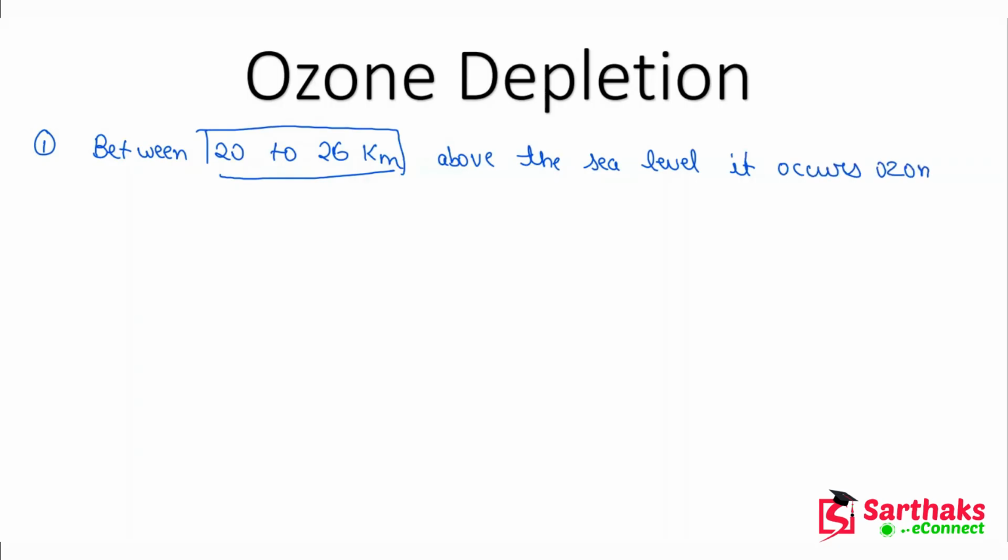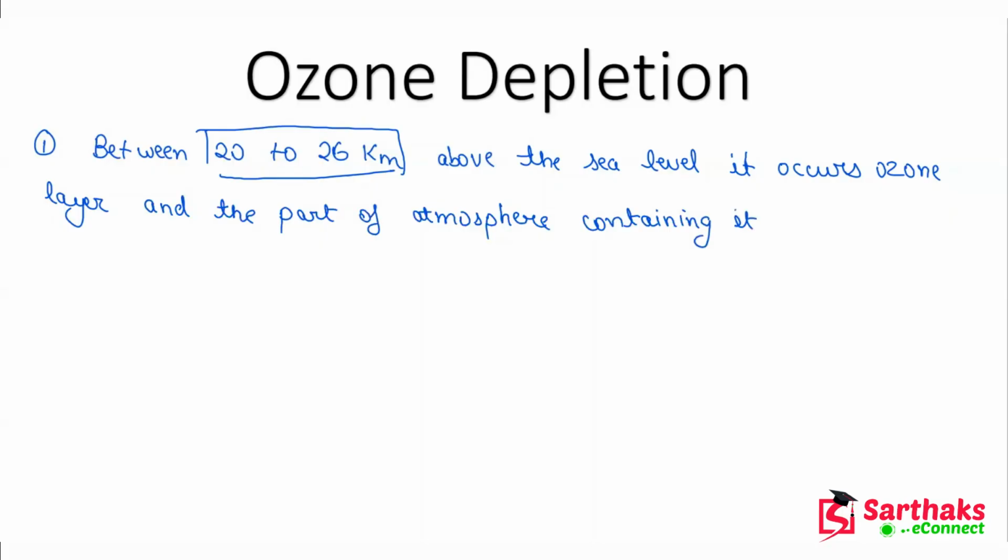The ozone layer, the part of atmosphere that contains ozone, is called the ozonosphere.